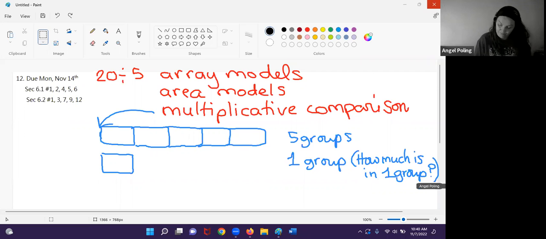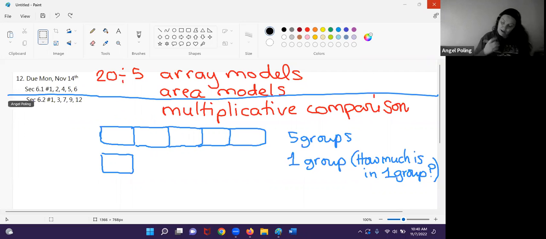Okay, so in terms of a word problem or which model of division we're using, in terms of which interpretation, which perspective, we know the number of groups.